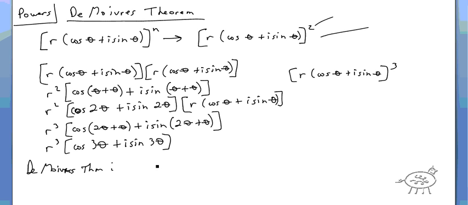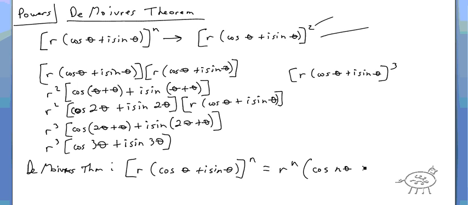De Moivre's theorem is really just using the product theorem, but we're going to write it out as r times cosine theta plus i sine of theta, and that's to the nth power, and that is simply r to the nth power times cosine of n theta plus i sine of n theta.